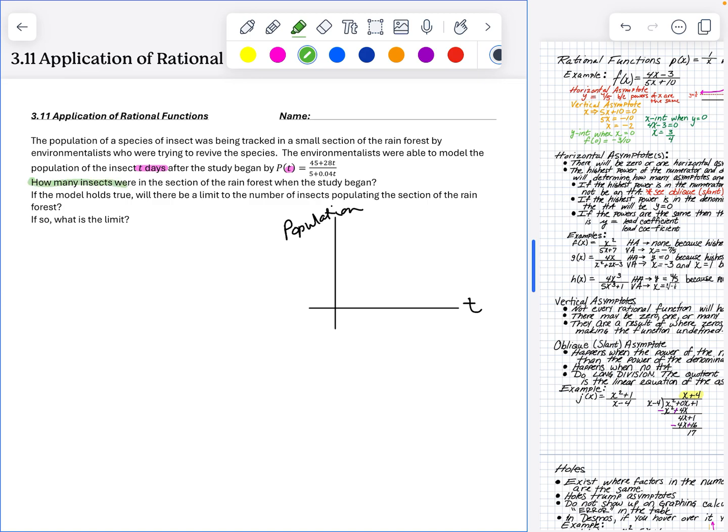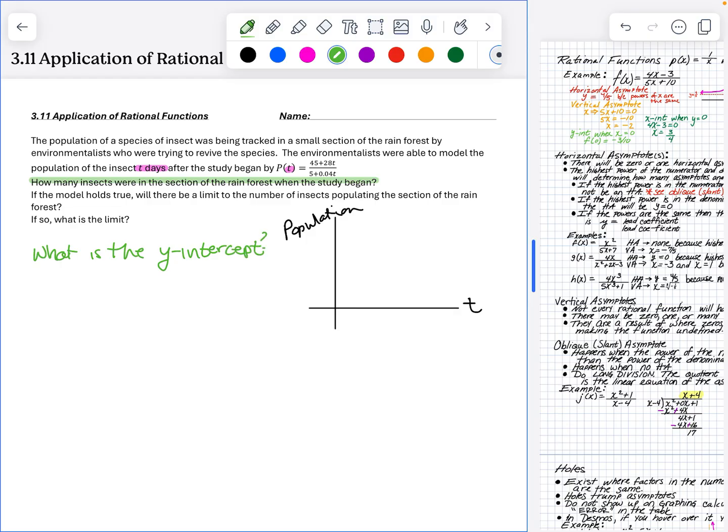When it asks how many insects were in the section of the rainforest when the study began, that is asking for the y-intercept. That's what's really being asked.